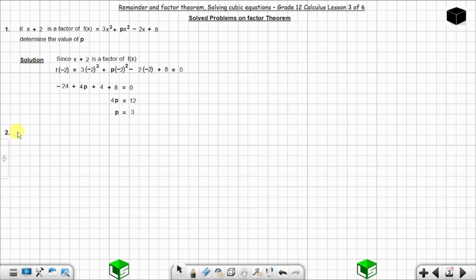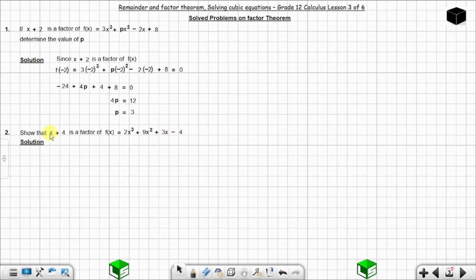Okay, question 2. Show that x plus 4 is a factor of f of x is equal to 2x cubed plus 9x squared plus 3x minus 4. Solution.